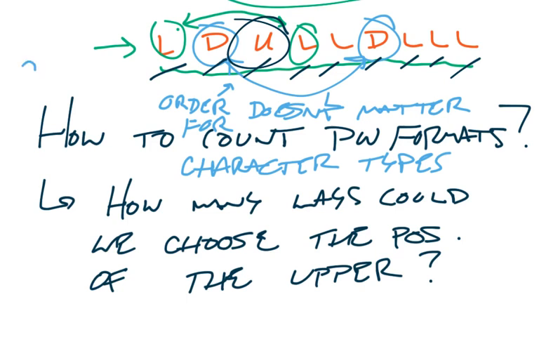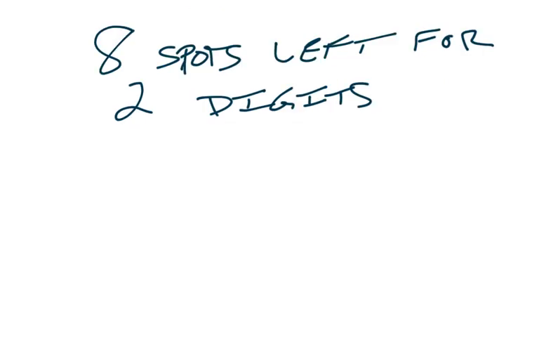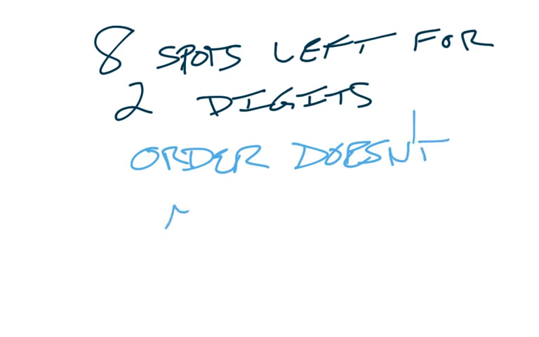If you have AB in your password, that is a different thing than if you have BA. So we're still just talking about formats here. That's really crucial. Interchanging 2 digits in a format will still give you the same format. So what that means here is that we have 8 spots left for 2 digits, and order doesn't matter.